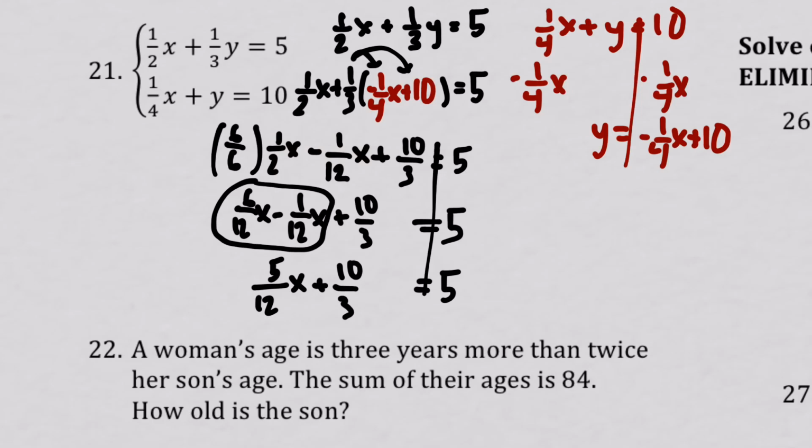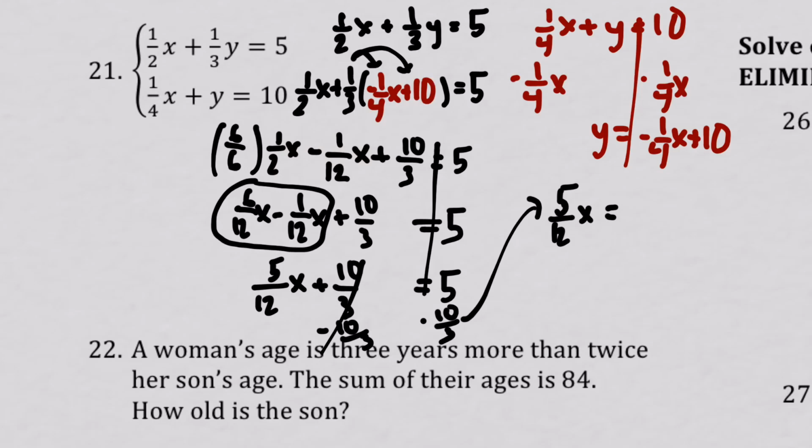Now I can kick out the 10/3 by subtracting 10/3 from both sides. I'm going to continue over here because I'm out of space. I get 5/12x equals 5 minus 10/3.